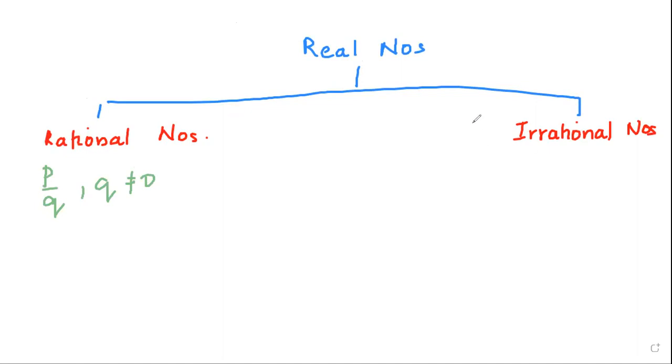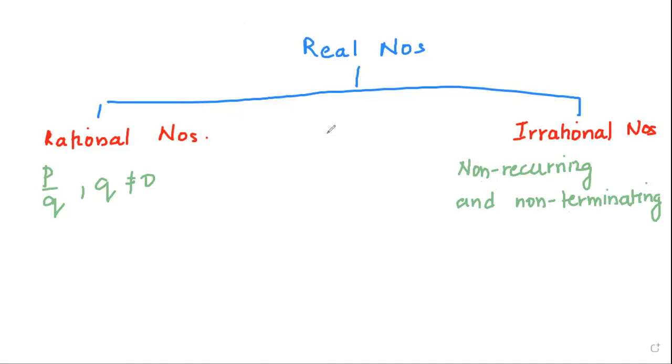Irrational numbers are those numbers which are non-recurring and non-terminating. What this means is there is one entire string of numbers.